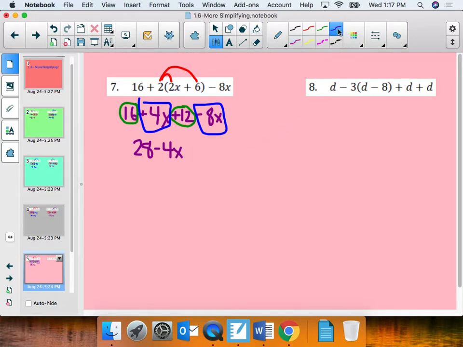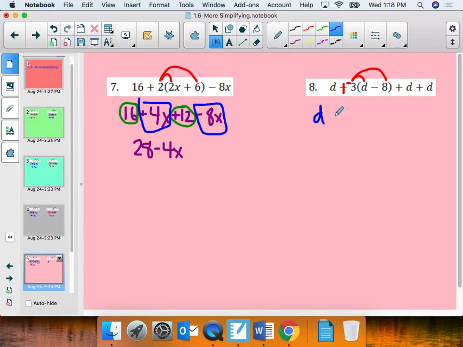Jumping over to number 8, which is our last one for today. Again, you hopefully notice that you have some distribution. We are working with a case where maybe we need to make a sign change here to make sure we distribute the right thing. So we're going to change this to plus a negative 3. So we are distributing negative 3 to here and to here. So we will have the D that we started with.